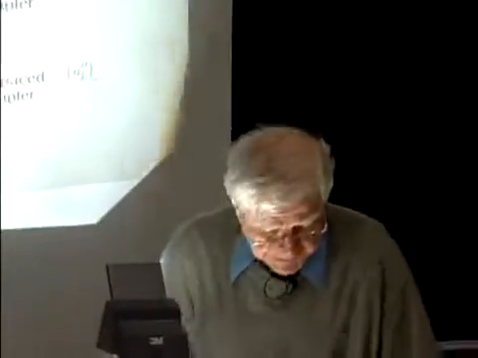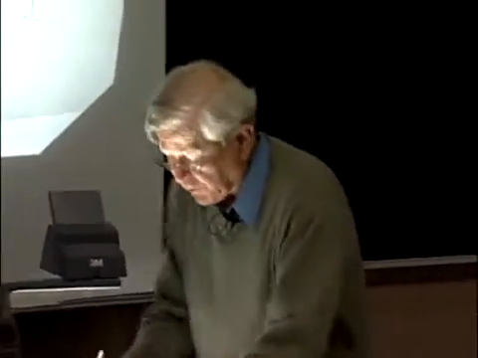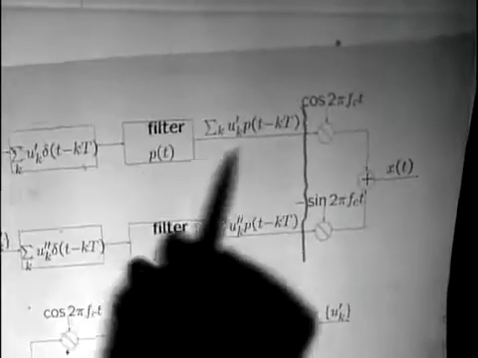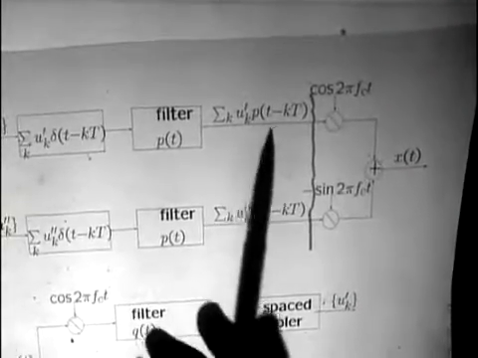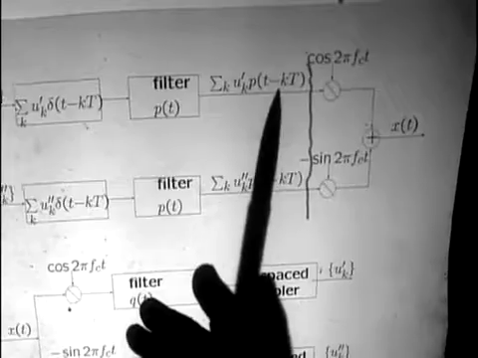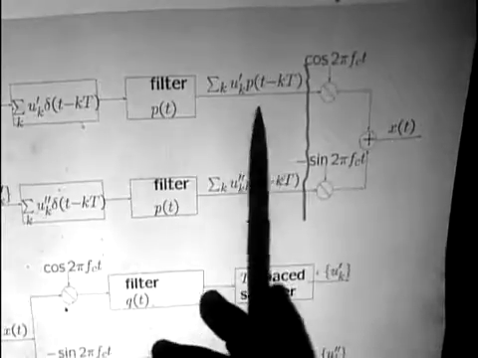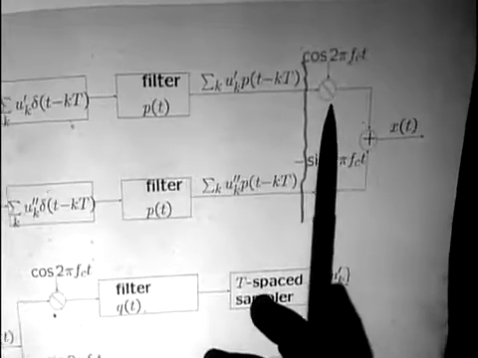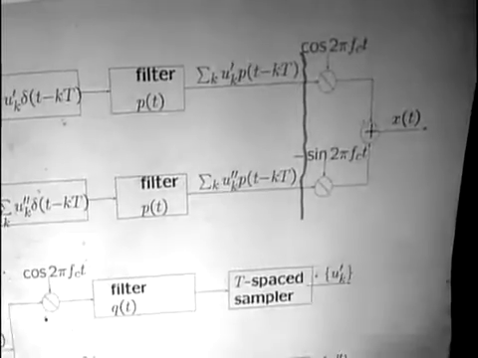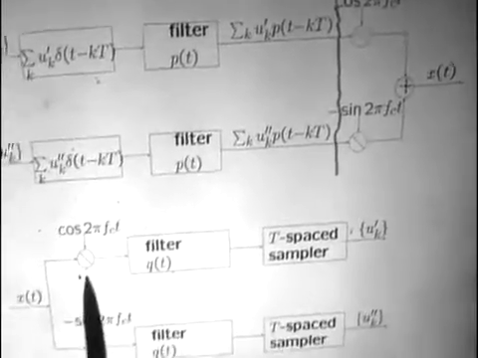And the reason for this is that if you look at the system broken right here, this is simply a PAM waveform. And when we take this PAM waveform, the only thing we're doing is multiplying it by a cosine, then multiplying it by a cosine again.